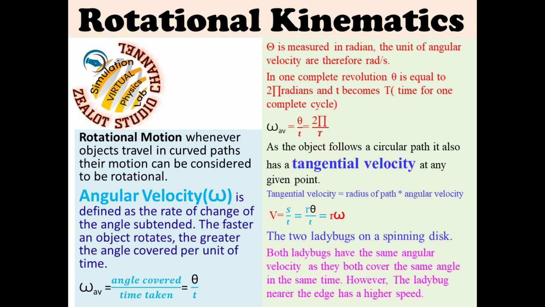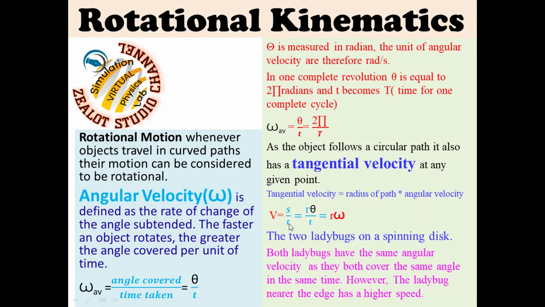As the object follows a circular path, it also has a tangential velocity at any given point. This tangential velocity is the radius of the path times angular velocity. Tangential velocity is displacement over time, the rate of change of displacement.